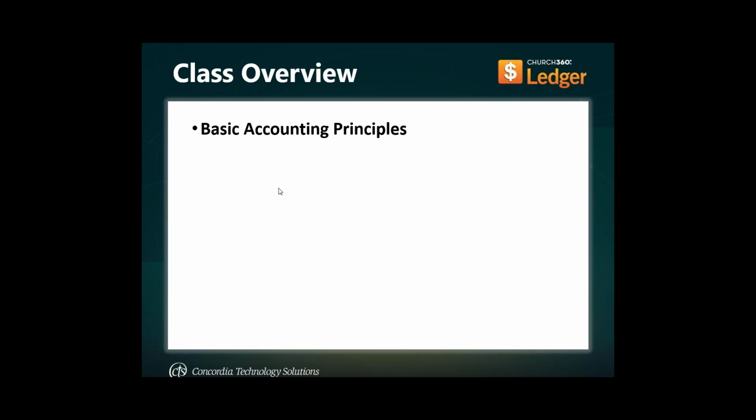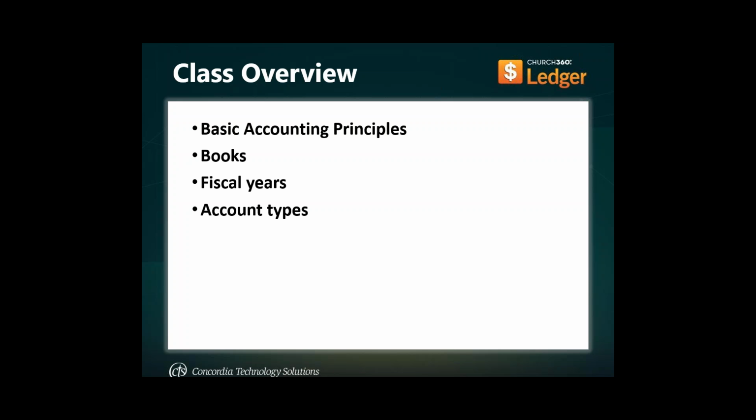So we're going to start out by going through the basic accounting principles. Just three quick slides to cover a few topics that are important to this material. After we go through those three slides, we'll move over into the software where we'll log in. We'll discuss books. We'll discuss fiscal years. Then we'll discuss each one of the account types, and we'll show you how to add accounts into the system.